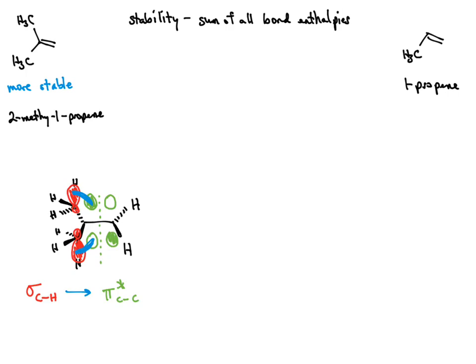Now let's take a look at the 1-propene case. We still have an orientation of this molecule in which we've got the two hydrogens going either towards you or back away from you, and then we have a methyl group that's pointing towards you. We still have a sigma CH pair of electrons.